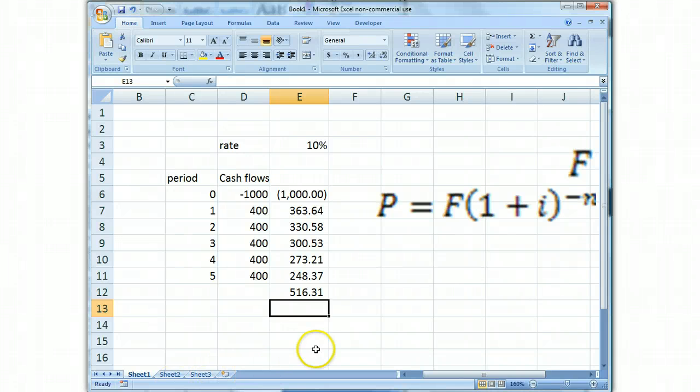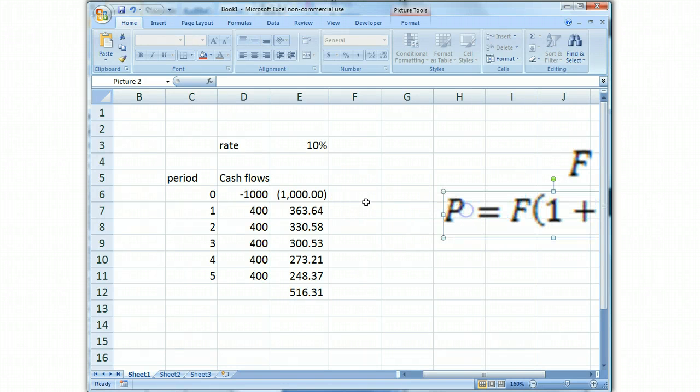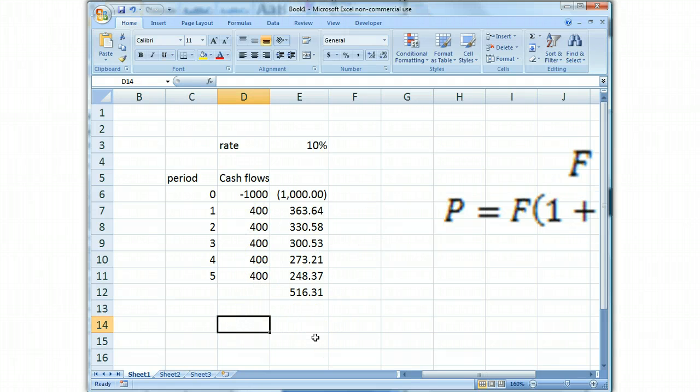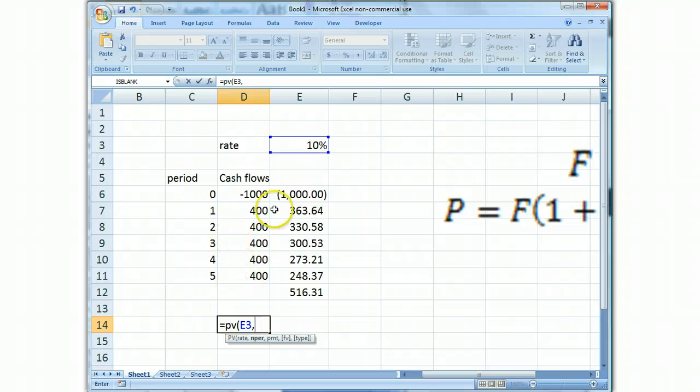This is not the only way that we can do it. We can also compute the present value of these 400 if they are all the same using a formula that reads like this. It's equal PV, present value, and then it's asking for the rate. The rate is 10%. The number of periods is, as you can see, we have 5 periods of 400, so we have 5.